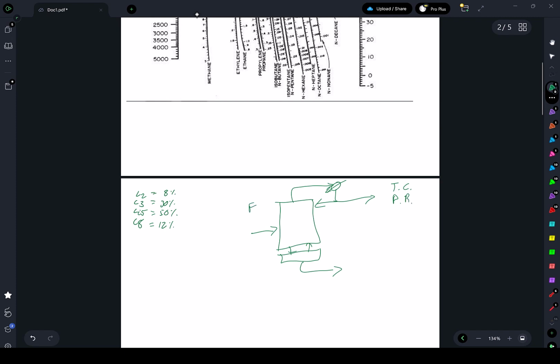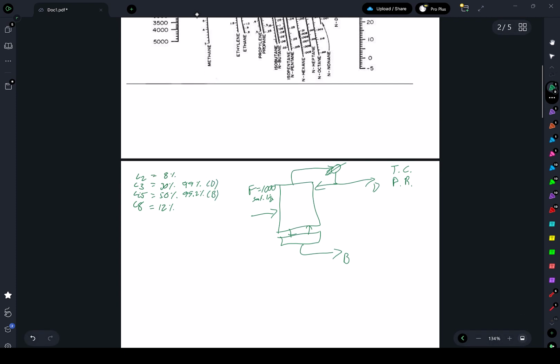We have this feed that's coming in at 1,000. It's a saturated liquid. We're going to have our bottoms and our distillate. Let's say that we want a 99% recovery of our propane and a 99.2% recovery of our isopentane from the bottom. So this will be in the distillate and this will be in the bottoms.